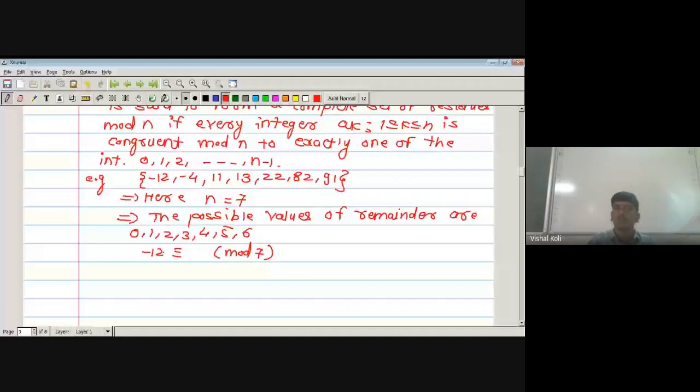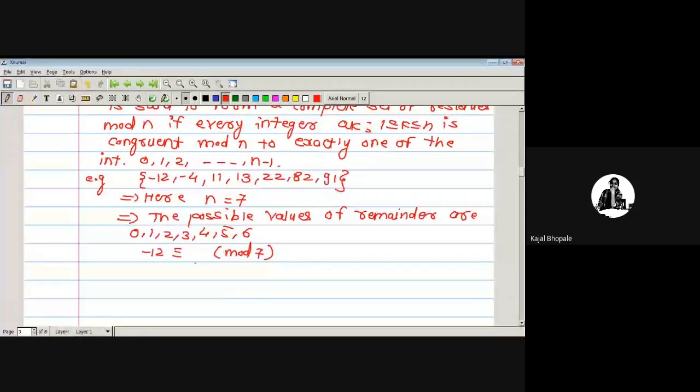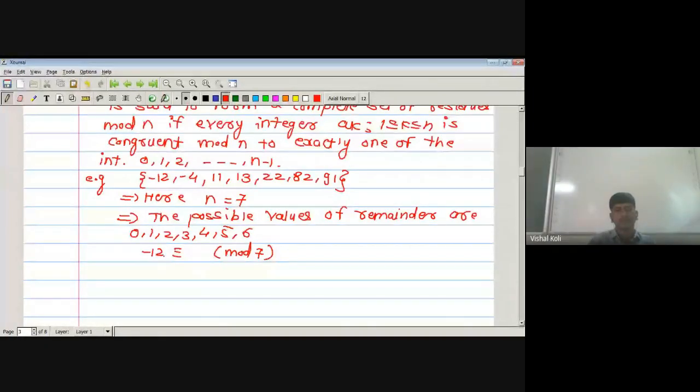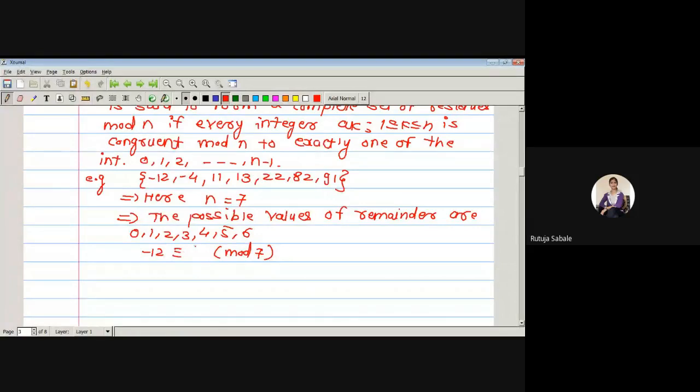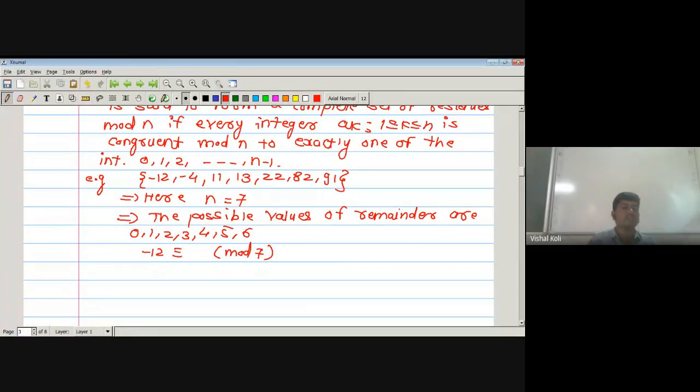Whether minus 12 is congruent to 2 modulo 7. Whether 7 divides minus 12 minus 2, which is minus 14. 7 divides minus 14.